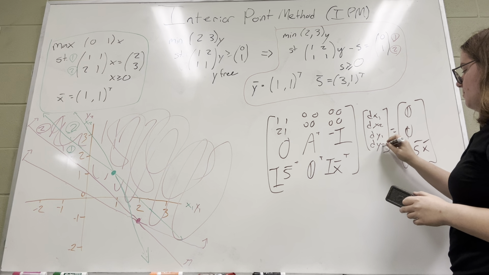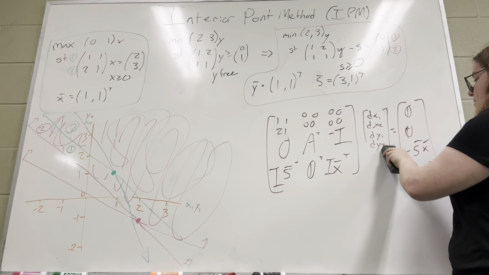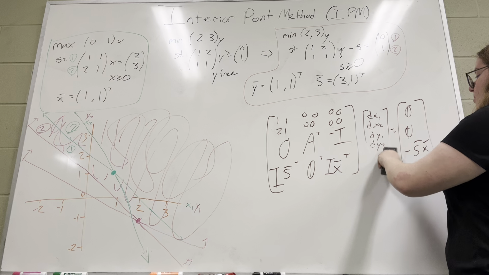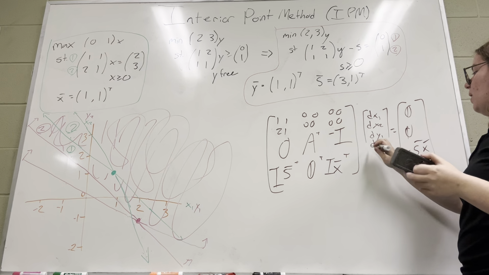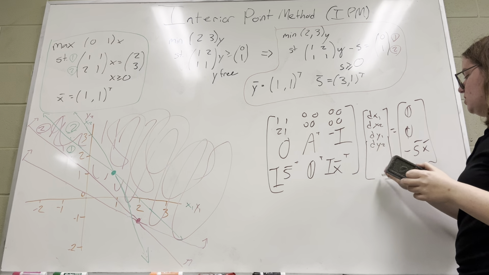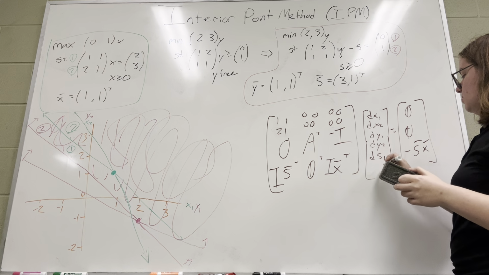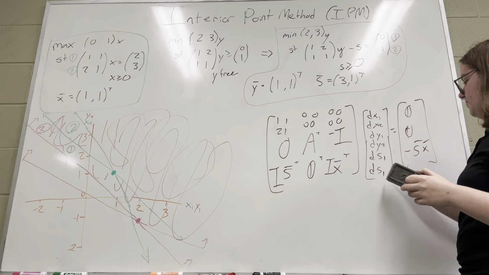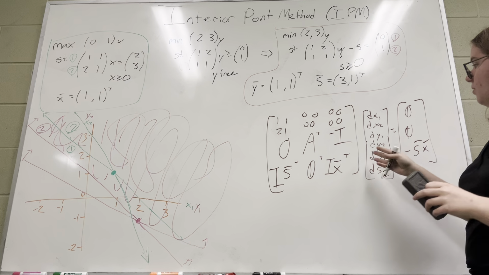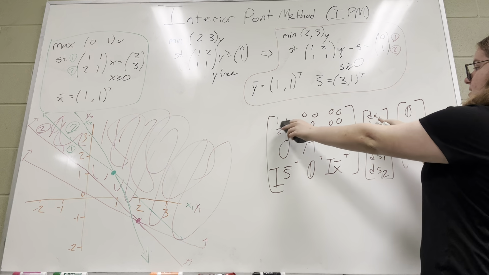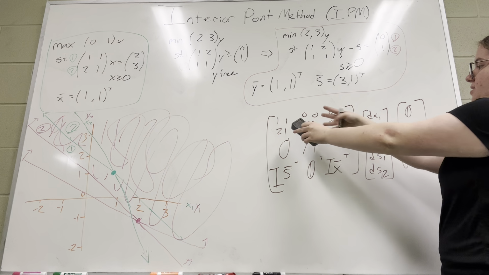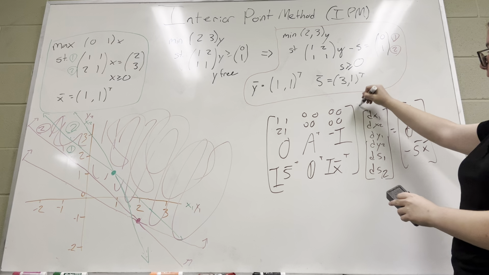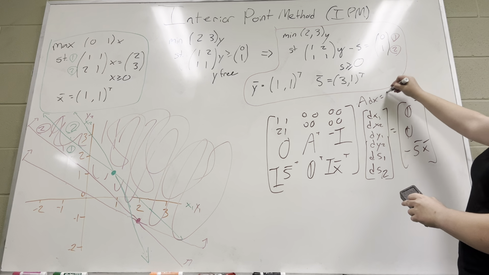And you can see other examples where you maybe have like 3 y's and 3 s's and 3 x's, or maybe you have 2 x's and 2 s's but 3 y's. But in this example, we just have 2 of each. So I'm just going to throw these in there. Oh, 2. There we go. So that's why I have this, and then these ones are all zeroed out. And then this first part here will recover my A dx equals 0.